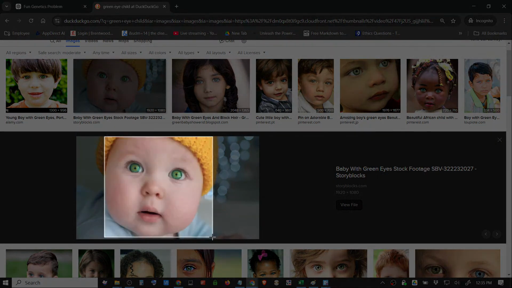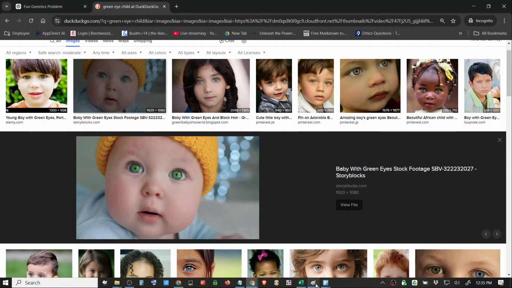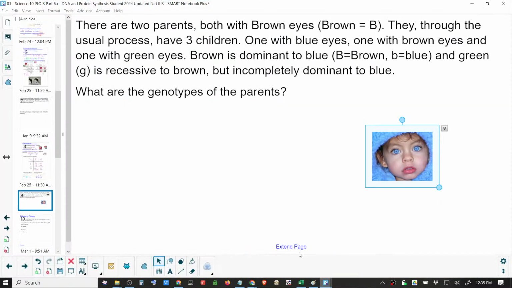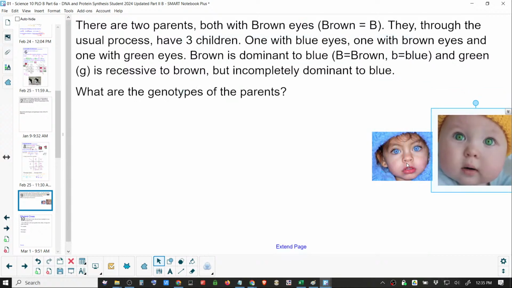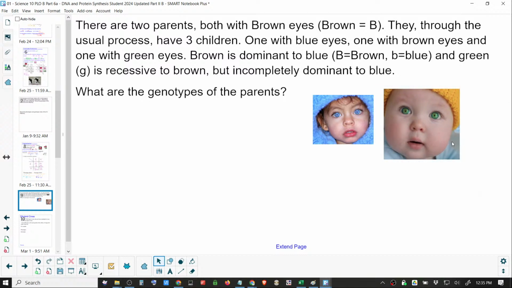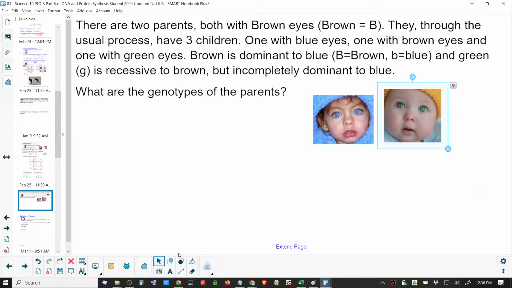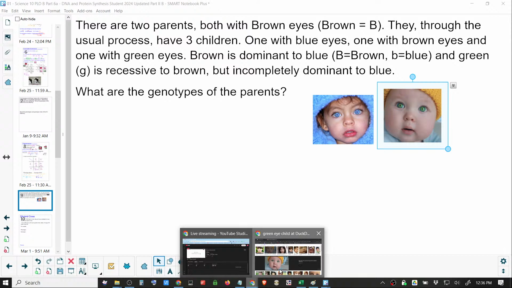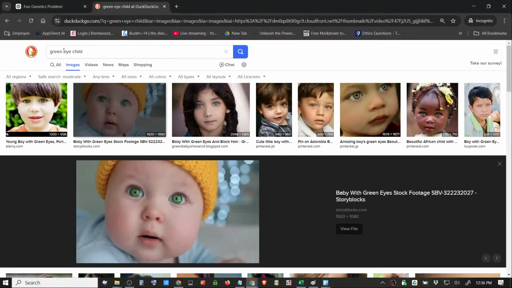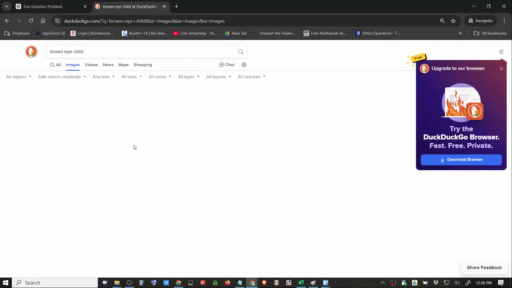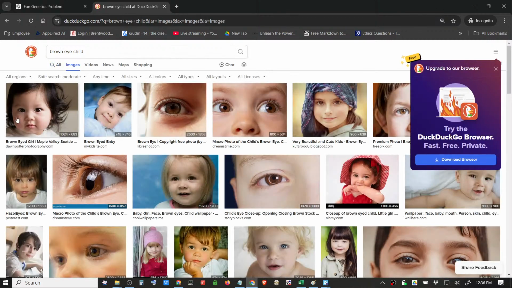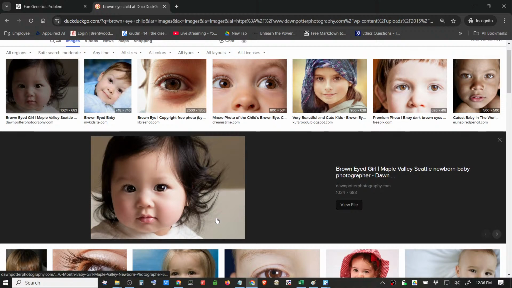Baby. So to get green eyes, you would need to have greenish bluish. Oh my god. Those are black.